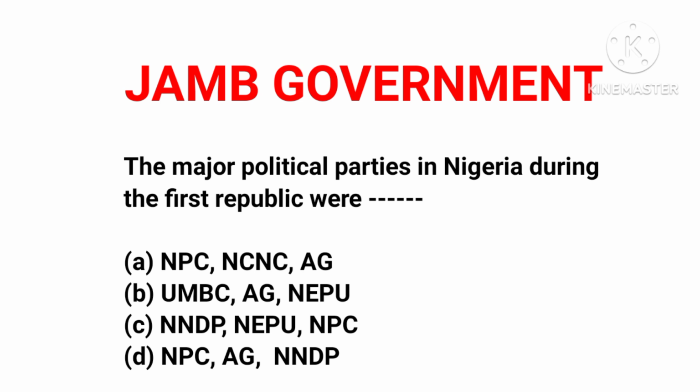Now, AG means Action Group. Okay. Now, the NPC represented the North. Okay. NCNC represented the Easterners, and AG represented the Westerners. Okay, that's Yorubas. Okay, so option A, like I said, is the correct answer.